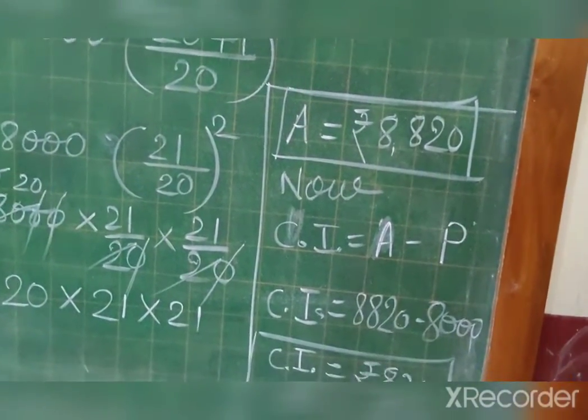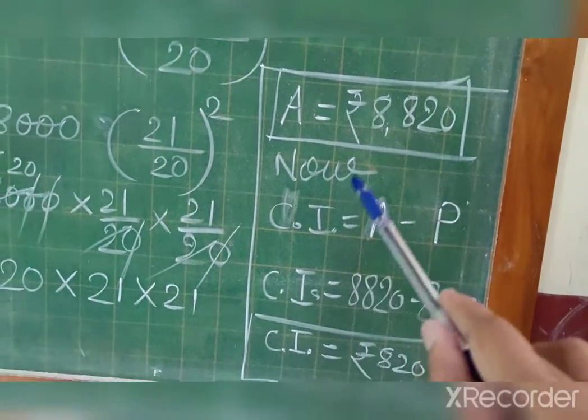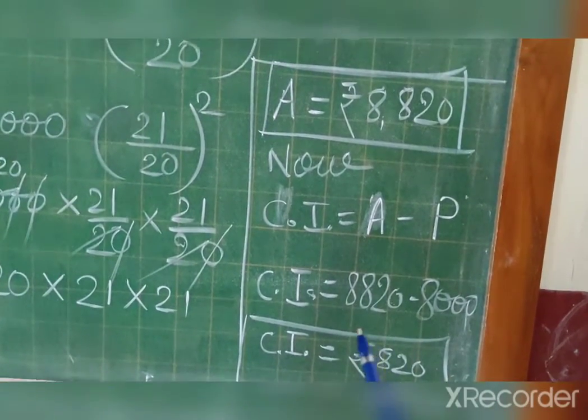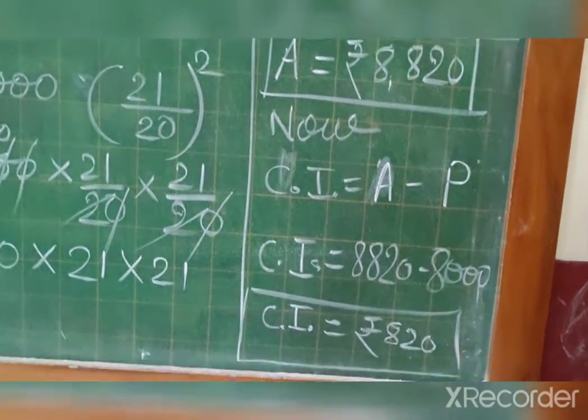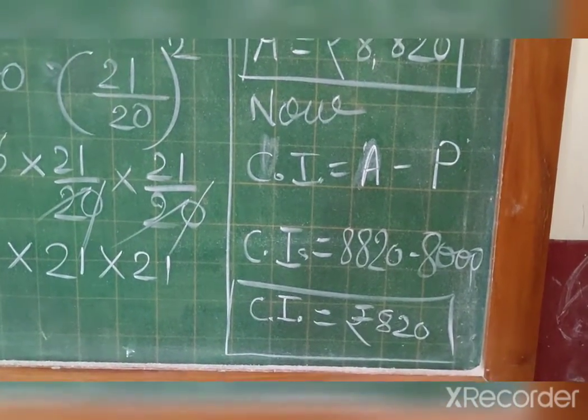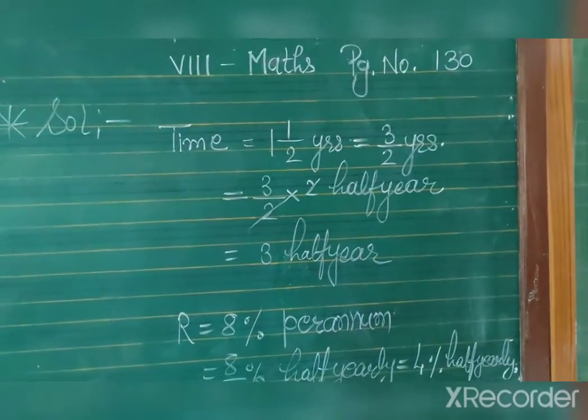Now we know that whatever amount we get, we subtract principal, so we will get compound interest. So compound interest is A minus P, that means 8,820 minus 8,000. Okay. Now see, try this at page number 130.